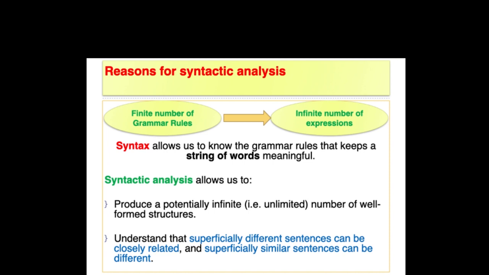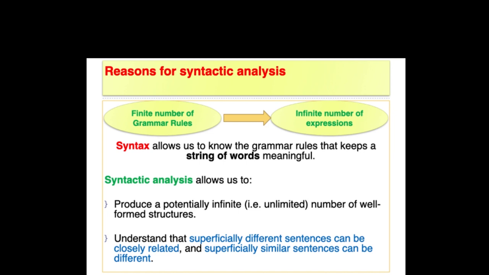And then also to understand that superficially different sentences can be closely related and superficially similar sentences can be different. Here I'm going to provide an example which will show that sometimes we say something in the same way, using the same structure, but we might have different meanings out of it.